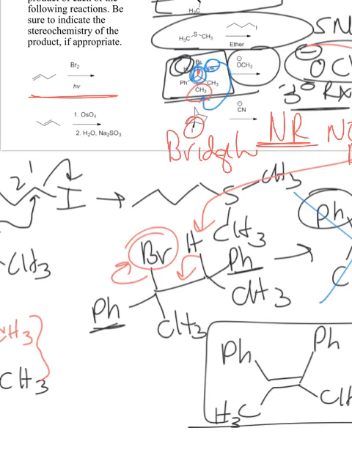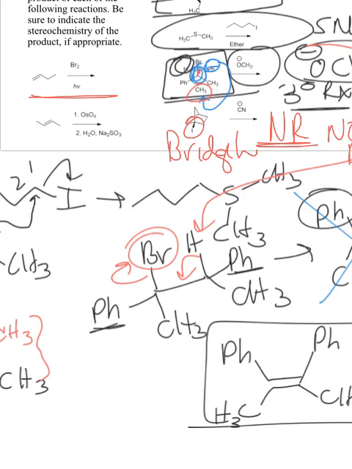So basically you're generating a bromine radical, and then you get bromination here. Your initiation is such that bromine adds to this carbon and gives you that radical, because this secondary radical is more stable than a primary.